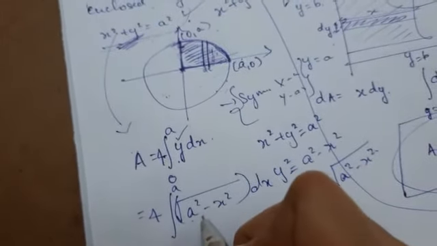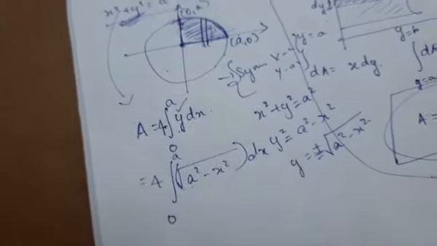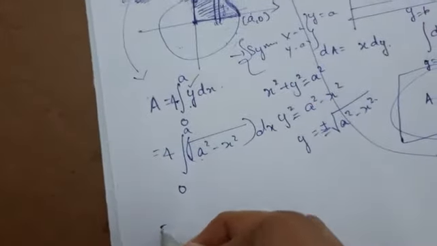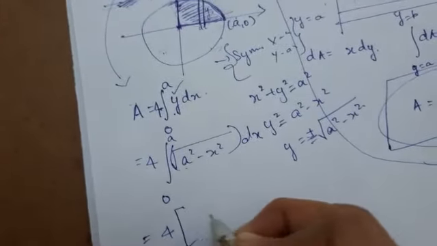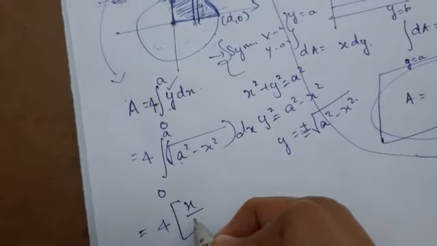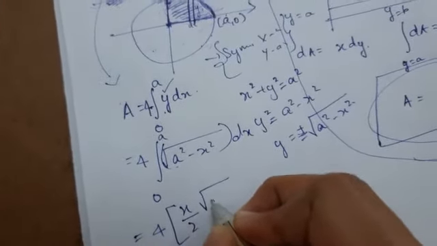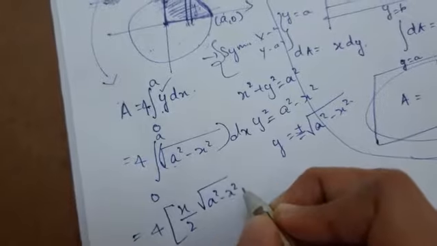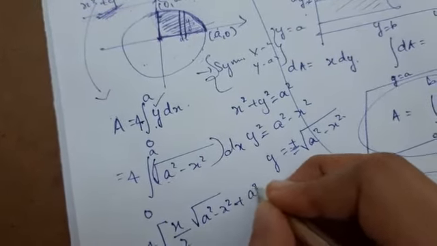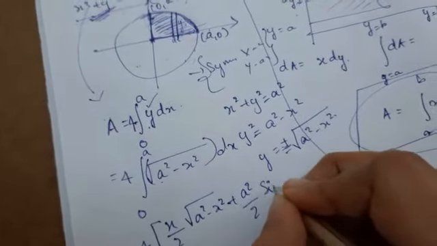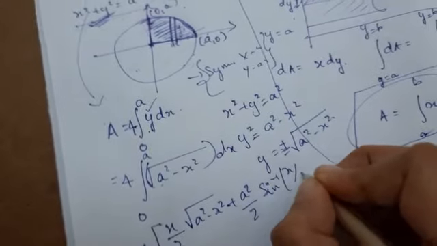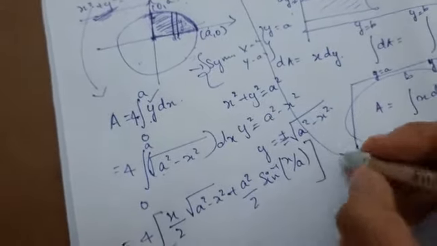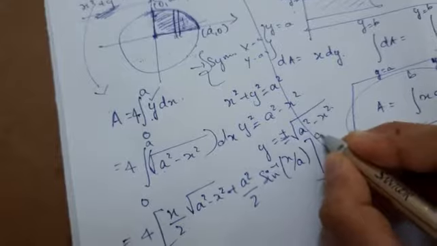What is that formula? x by 2 square root of a square minus x square plus a square by 2 sine inverse of x by a, and this is varying from 0 to a.